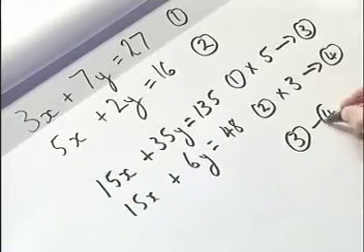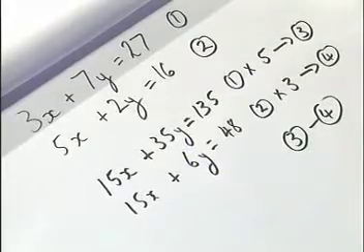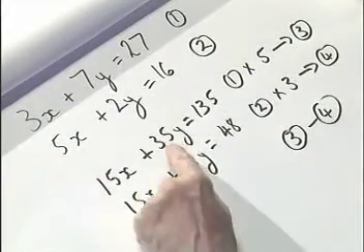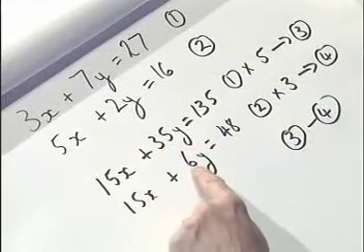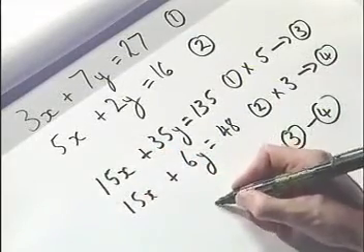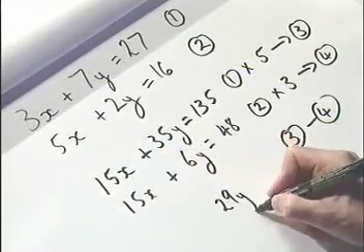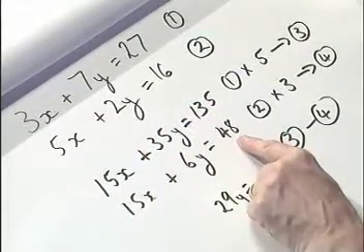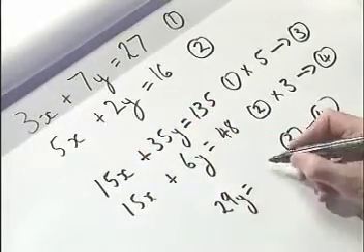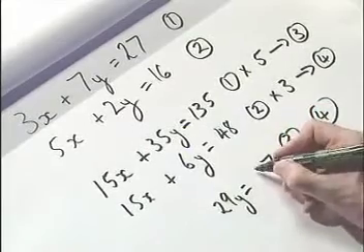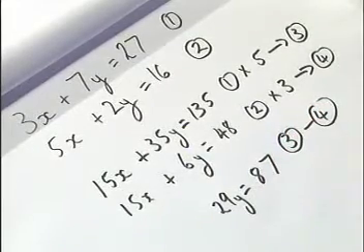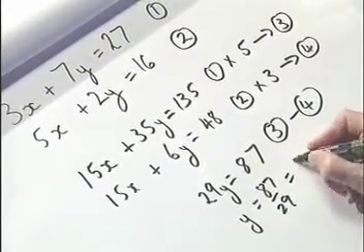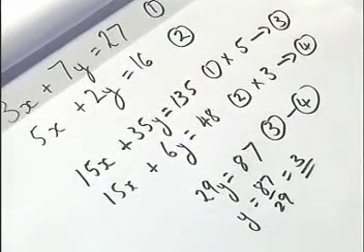Equation 3 minus equation 4. 15x take away 15x, no x's. 35y take away 6y, that gives us 29y. And then 135 take away 48, that's going to give us 87 altogether. And so y is 87 over 29, which gives us 3.